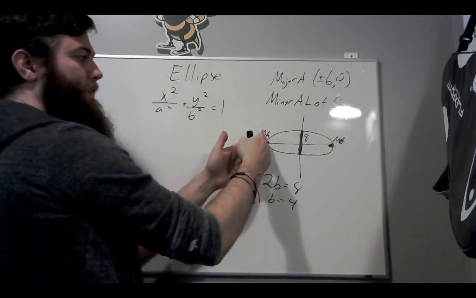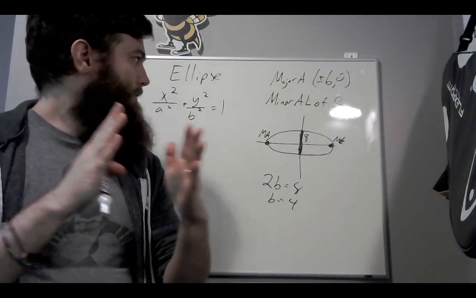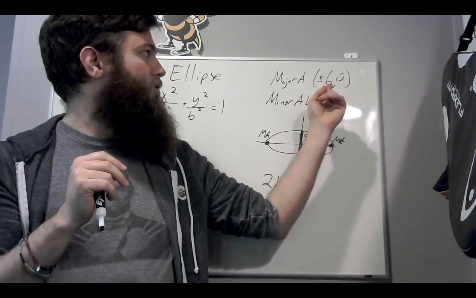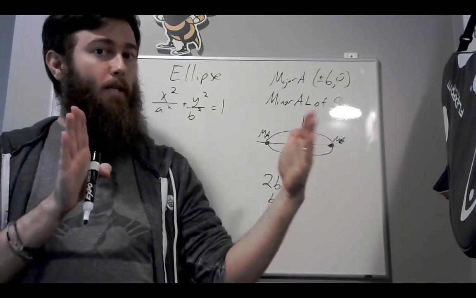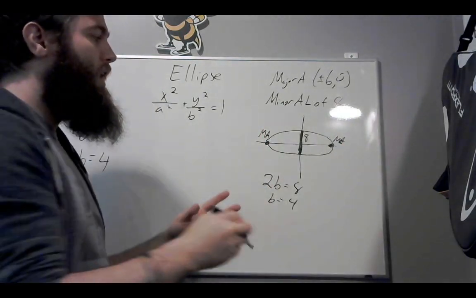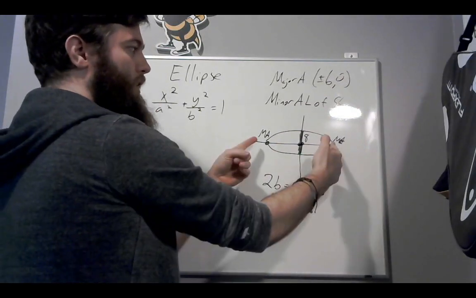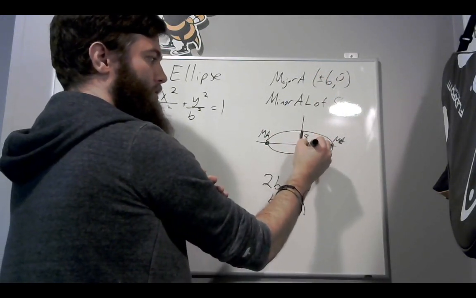I need to find the major axis now. You can find the distance between both of those points, from positive 6, 0 to negative 6, 0, to find what 2a would equal. I wouldn't recommend that though. I would always just go from where the center is, because the center is just the middle. And the middle between 6, 0 and negative 6, 0 is at 0, 0.